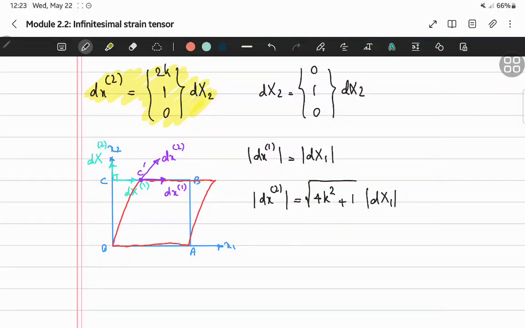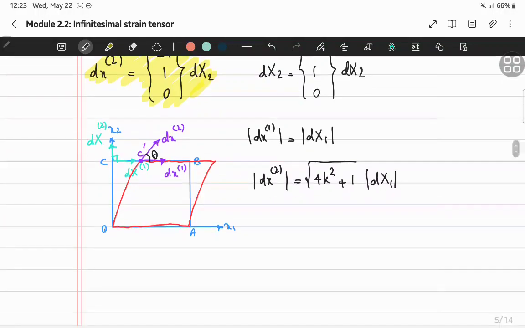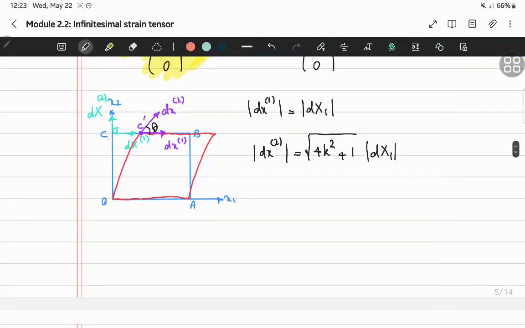So now you can see that here we have an angle. We call this theta, right? In the deformed configuration, we can see that d capital X1 and d capital X2 are deformed to d small x1 and d small x2. And in the next section, we're going to find this theta, which is the angle between dx1 and dx2.